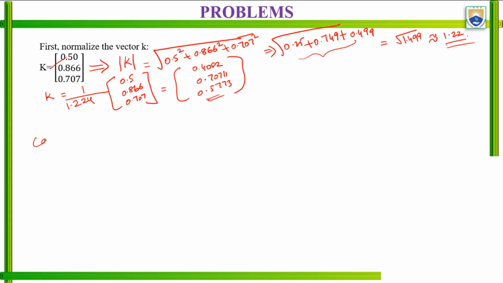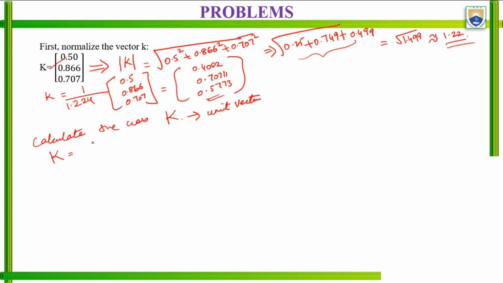Now, we need to calculate the cross product matrix, that is capital K, for the unit vector. How will we find out that capital K?